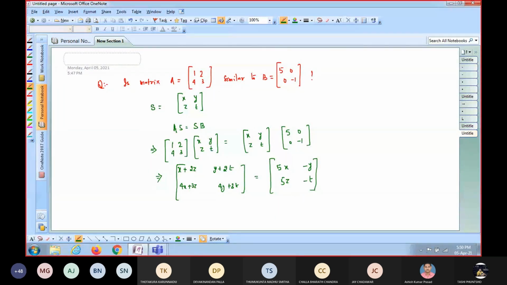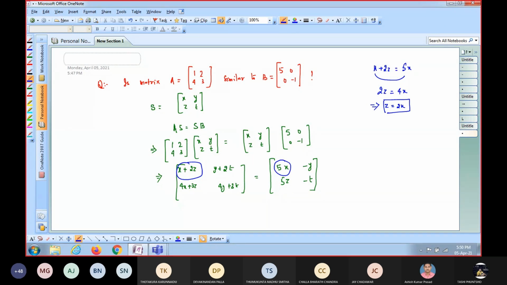So these two matrices will be equal if their corresponding components are equal. Means x plus 2z is equal to 5x. So 5x minus x is 4x, so 2z is equal to 4x. I cancel 2 from both sides, so z is equal to 2x.